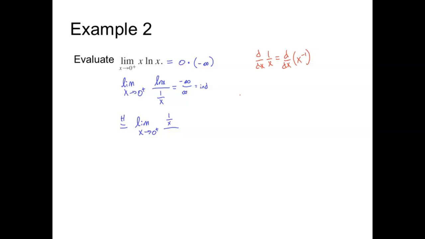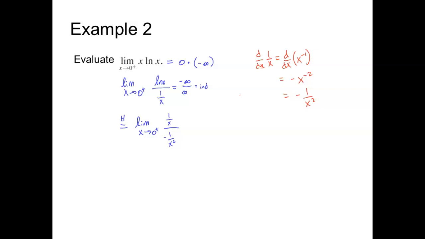So it's not negative 1 over x, but it is negative x to what power? Good. Thanks, Naomi. So negative 2. So that's actually negative 1 over x squared, right? All right, so the derivative of the denominator is negative 1 over x squared.